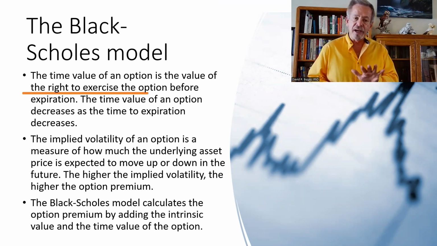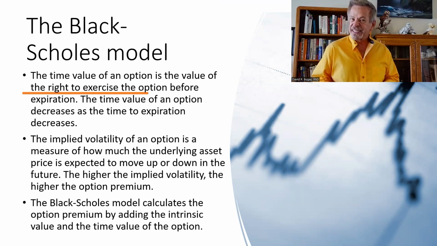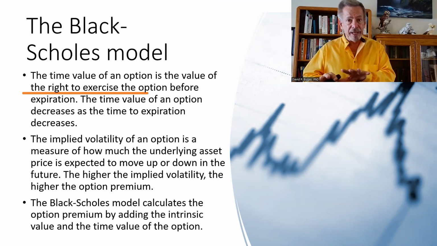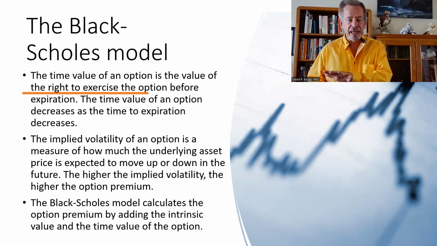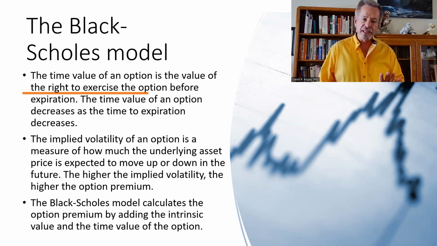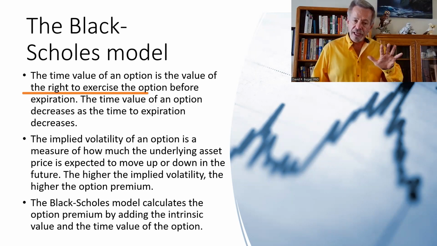And the time value decreases as the time to expiration decreases, because the volatility can go up and down 3 months out, but as you get closer to it, it may stabilize, and you'll get a truer judge as you get closer. The implied volatility is a measurement of how much the underlying asset price is expected to move up or down in the future.